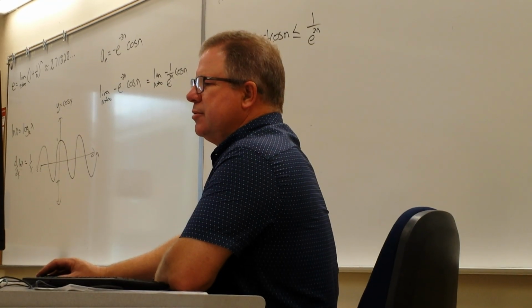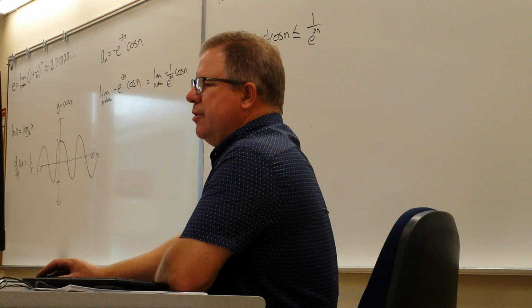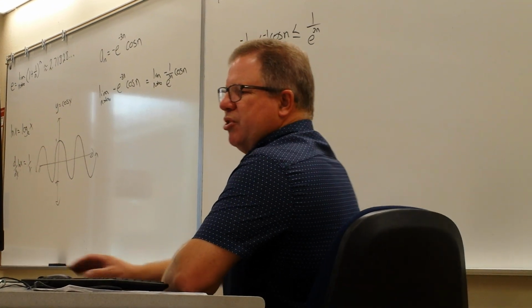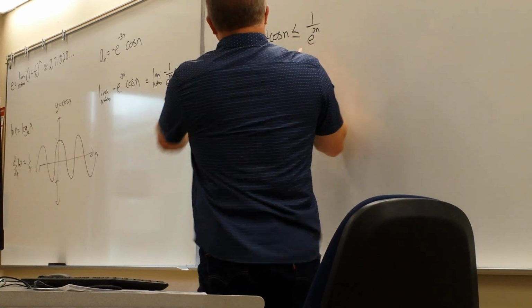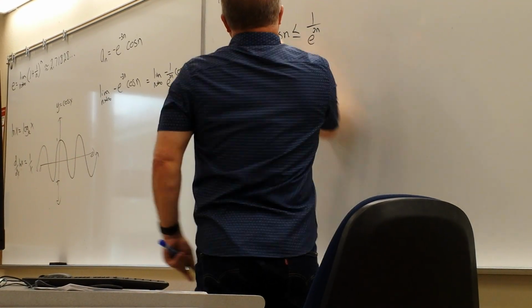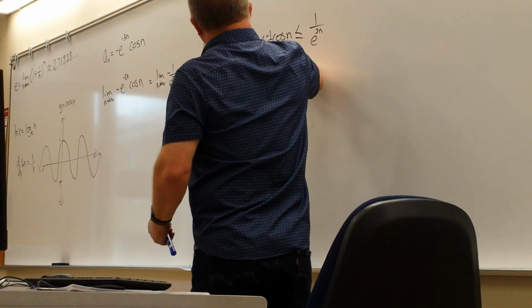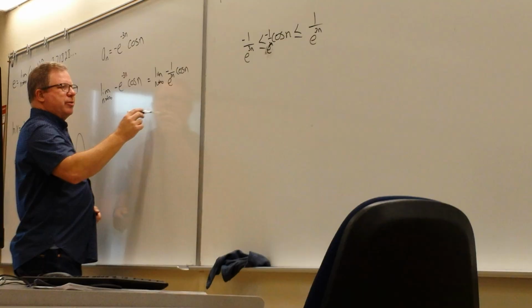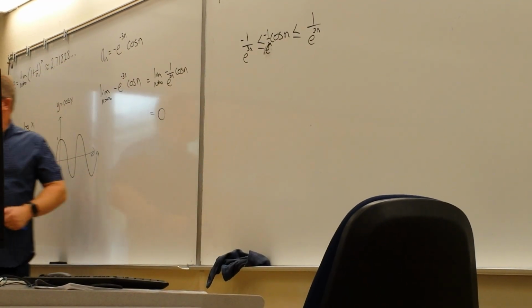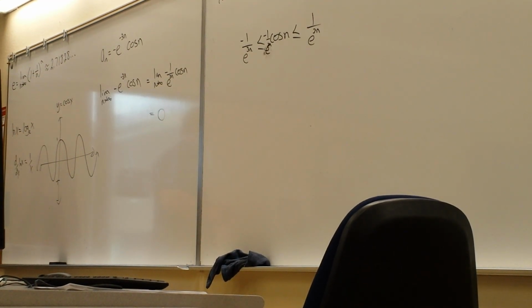Use a negative sign. This is trapped between these guys, and since these are each going to 0, this has to go to 0. And so this limit here is going to equal 0. And we call that the squeeze theorem.